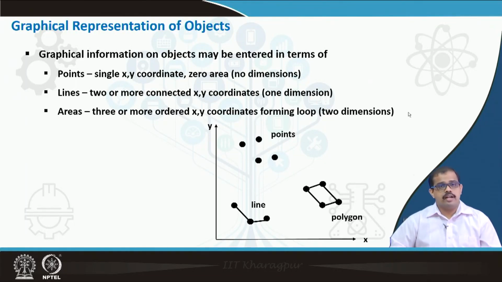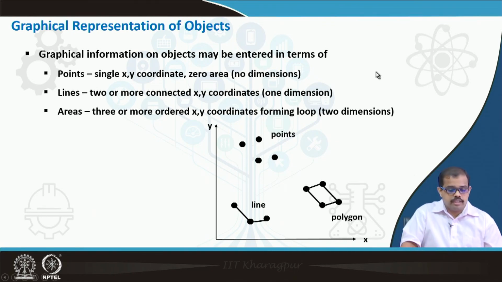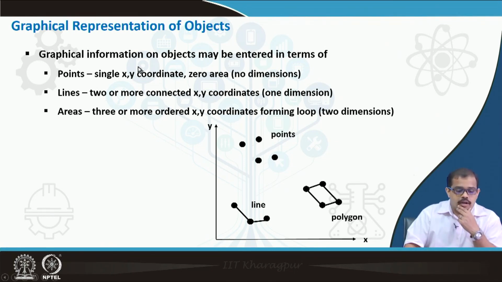When we are looking at the graphical representation of these objects, as I previously said, these objects can be entered in terms of points, where you have a single xy coordinate. It has 0 area, it is only representing that particular coordinate.